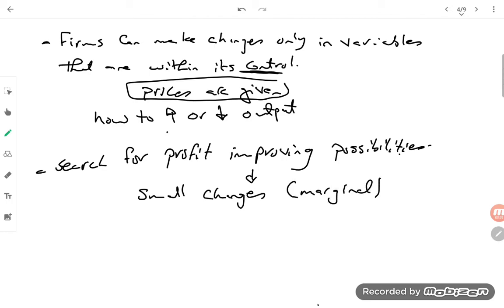If you are going to produce one more unit, if you are going to add one more worker, in case of improving profits, they have to think about the marginal, the additional unit, whether with respect to hiring an individual, buying a machine, or with respect to selling this unit in the market.